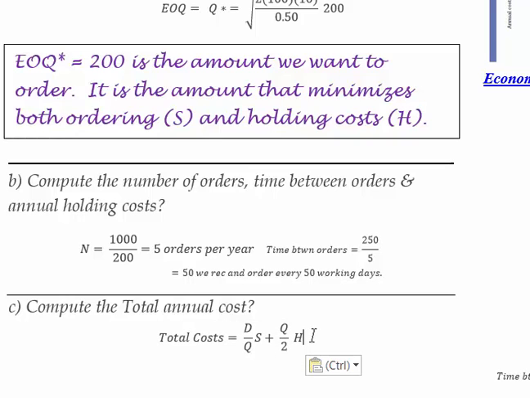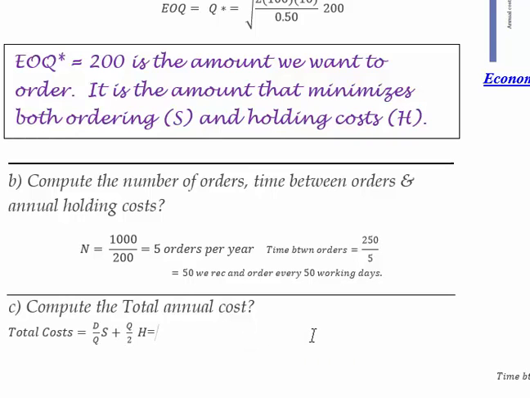So let's go ahead then and type that out. Our demand is 1,000. We're going to divide that by 200. That's our economic order quantity. And we're multiplying by 10. And then over here we've got Q, which is 200, divided by 2. It stays the same.